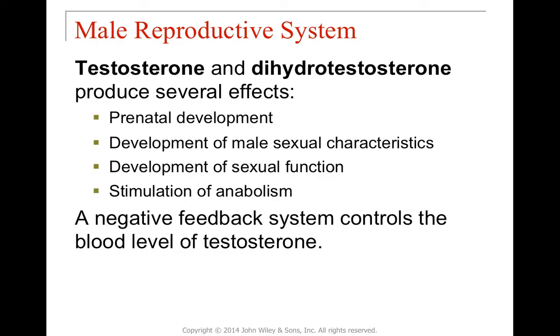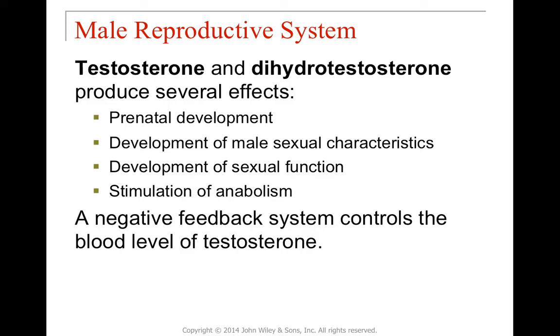And so this is one of the reasons why men tend to put on protein mass much more easily with exercise, because they actually are going to have higher levels of testosterone, so they're going to be able to put on muscle mass. It's also associated with anger and aggression, as a side note, or it can be. And there's a negative feedback system that controls the blood level of testosterone.